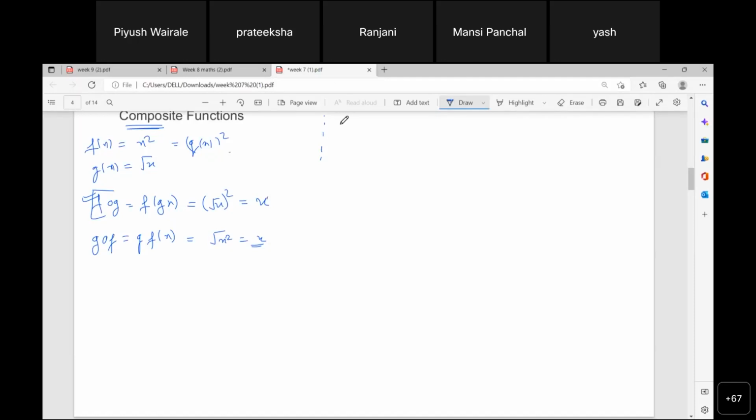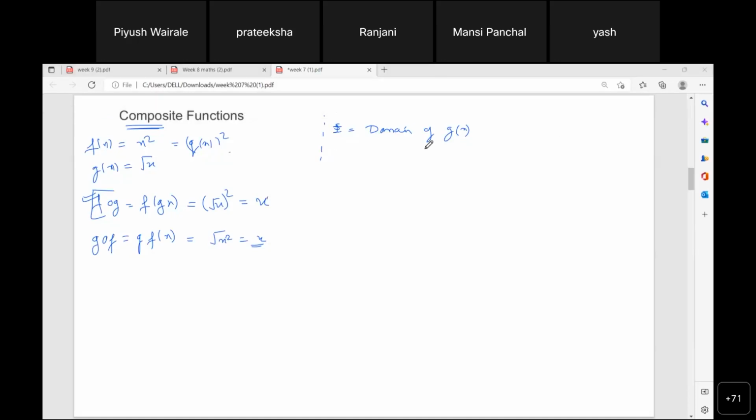So there are basically three steps. First, you have to find out the domain of g of x. I'm talking about fog only, right? Then in step 2, you have to find out the range of g of x.